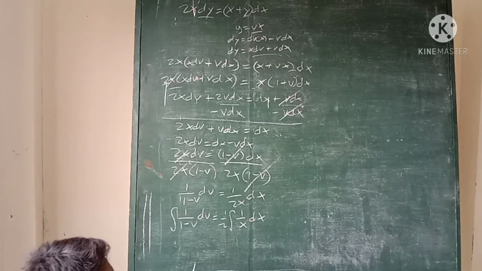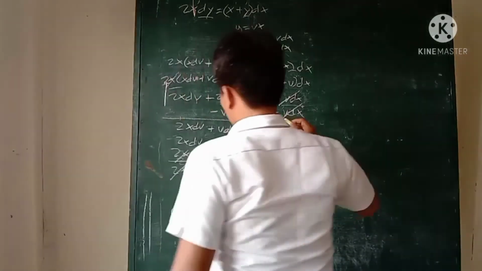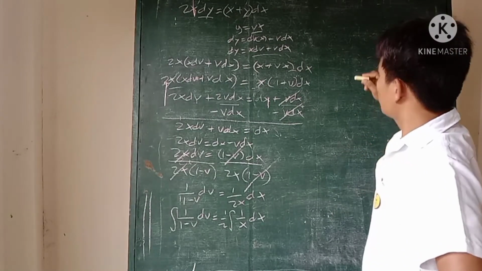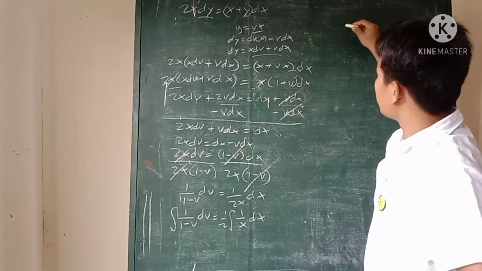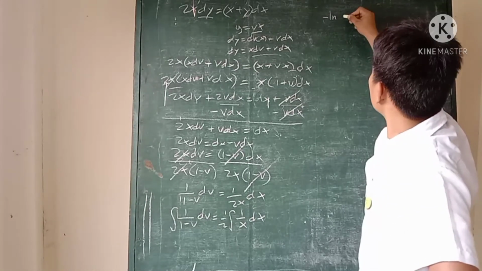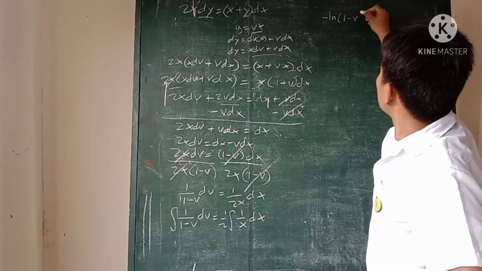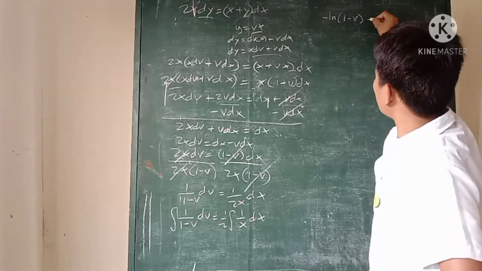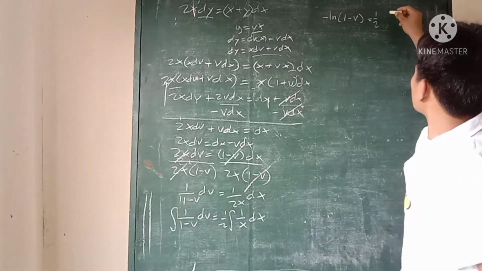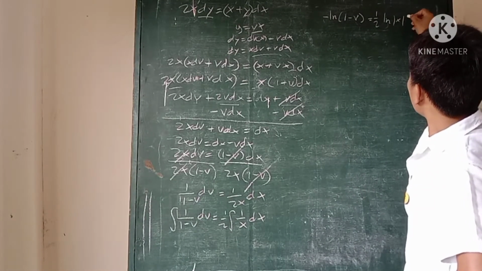So for now, the answer of the integral of 1 over 1 minus v dv is ln of 1 minus v, equals 1/2 of 1 over x, which is ln x, plus c.